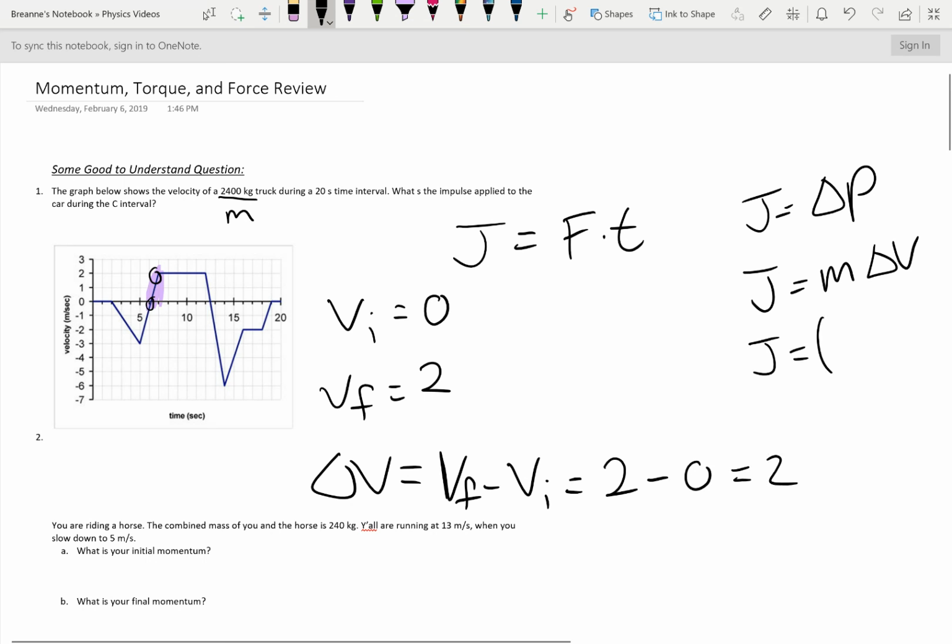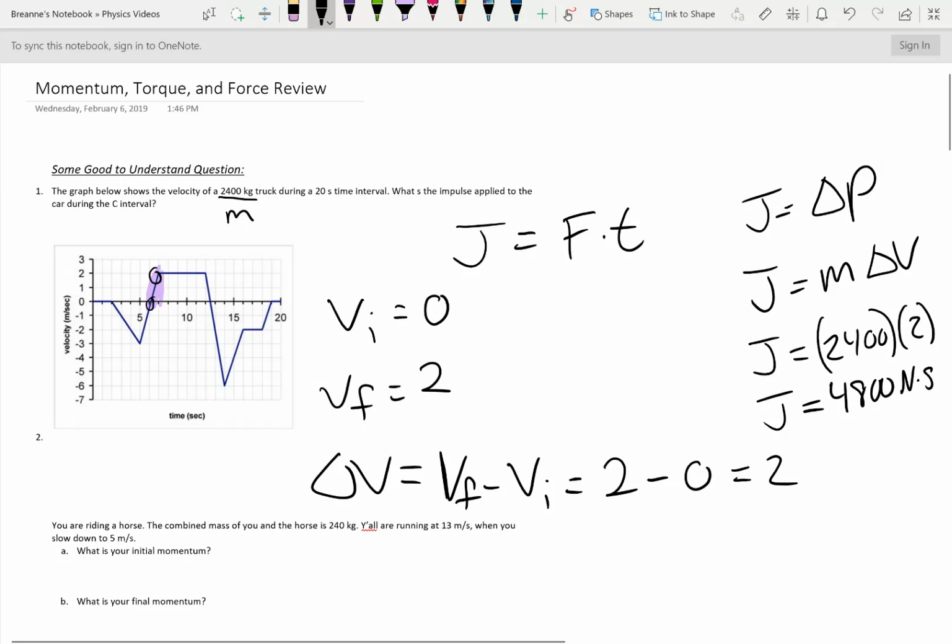So your impulse equals your mass, which is 2,400, times 2. You plug that into your handy-dandy calculator, and you get 4,800.